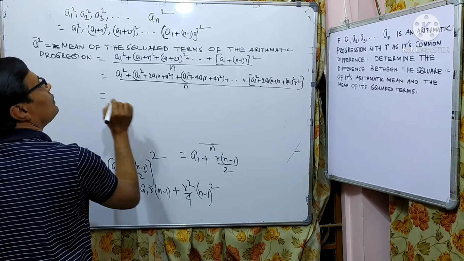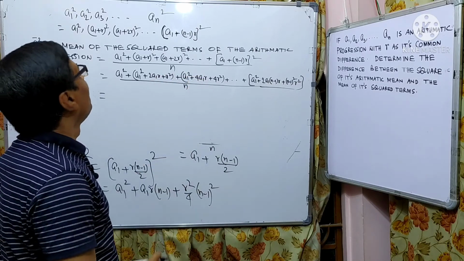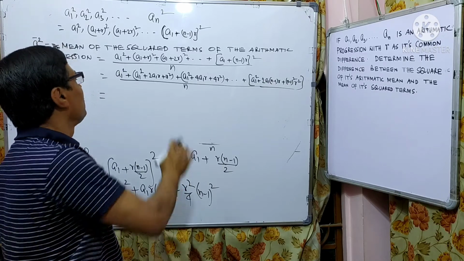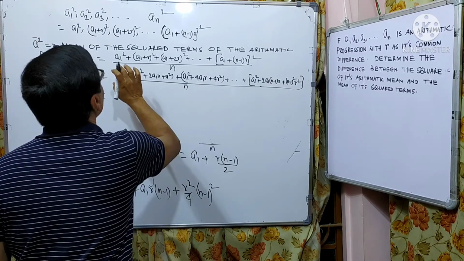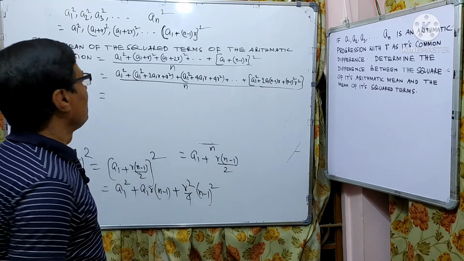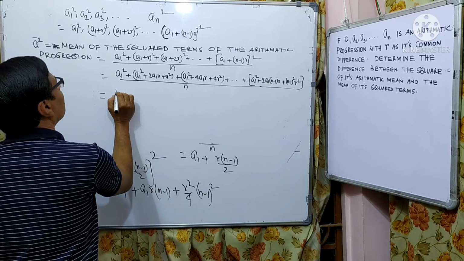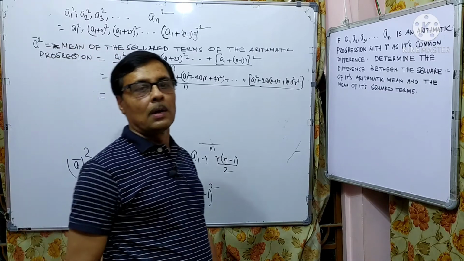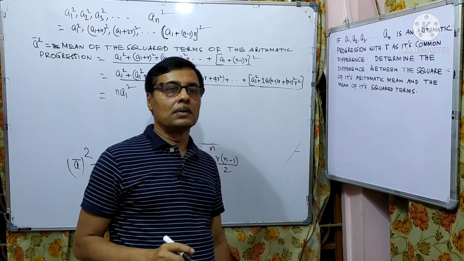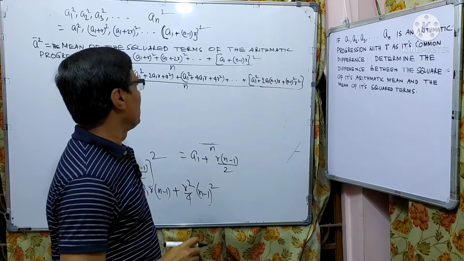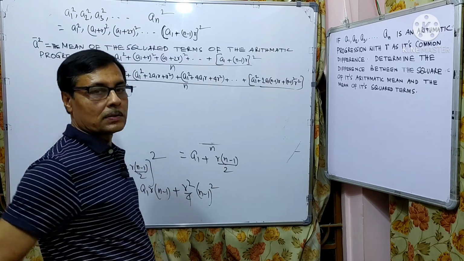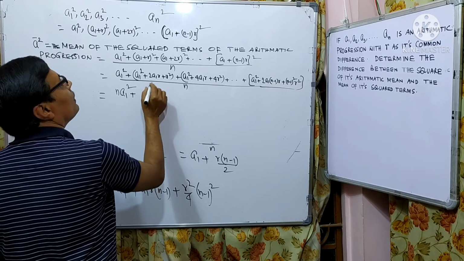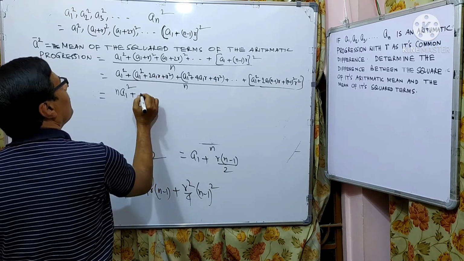The number of a1 square terms is n, so the sum of these a1 squares is n a1 square.